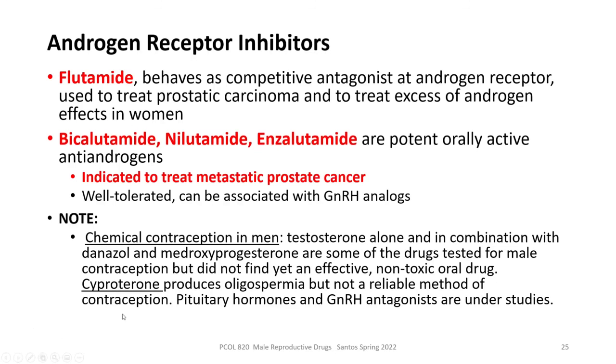The drug that got closest was cyproterone, which does produce oligospermia, but they couldn't find a formula that could keep that stable. So there was no reliable method as well. Right now, pituitary hormones and gonadotropin antagonists are under study.